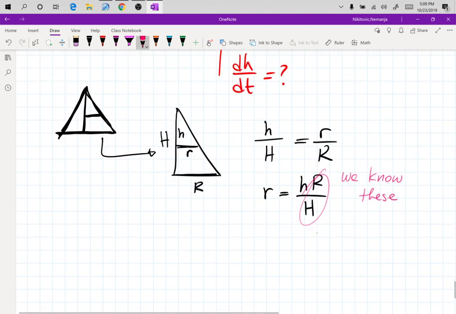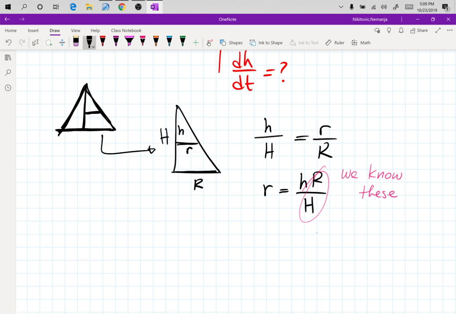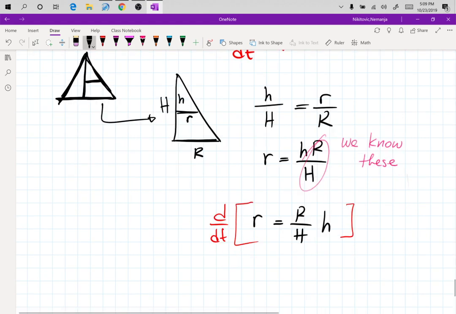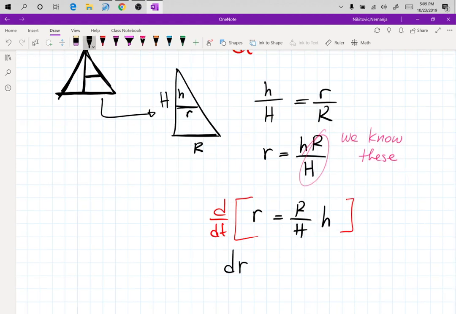So now what you have is a relationship between r and h. And you can differentiate that one as well in terms of time to come up with a formula that will eliminate the unwanted rate as well. R over H is a constant, you copy that, and you have dh/dt.